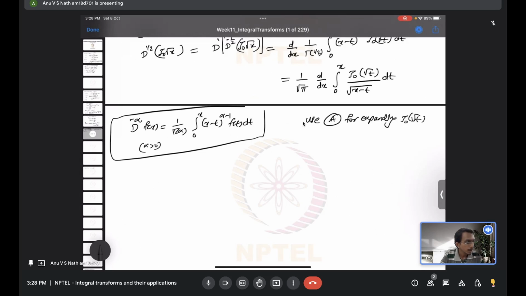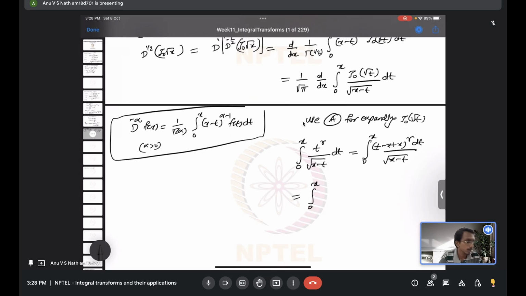So you may have to evaluate t raised to r by x minus t dt from 0 to x, which you can write as t minus x plus x the whole raised to r, dt by x minus t. So here what we need to do is evaluate this expression.